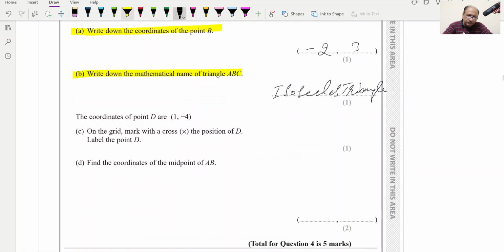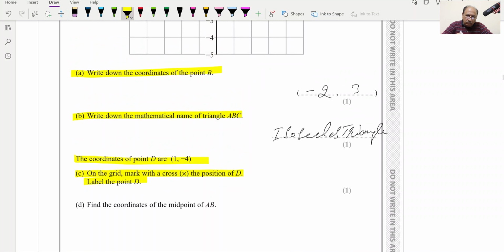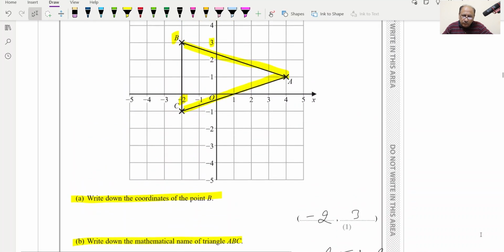Then the coordinates of D are 1 and -4. On the grid, mark with a cross the position of D. Position of D, not position vector. Label the point D. So we need 1 and -4.